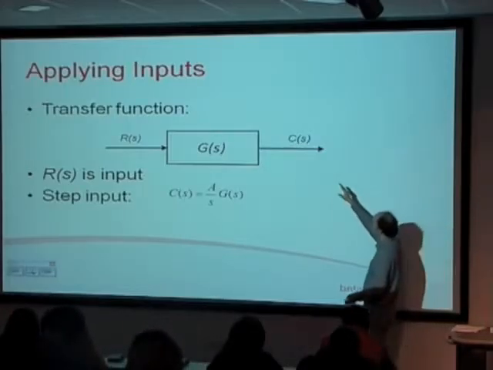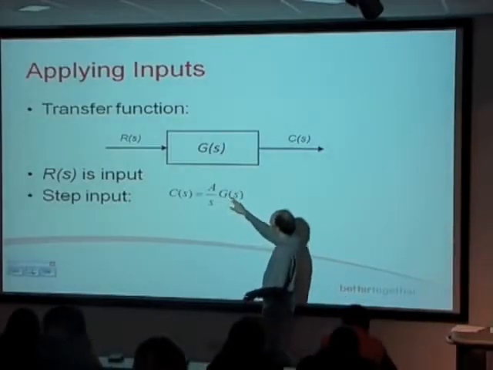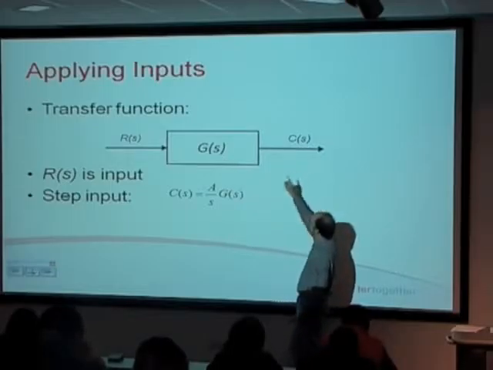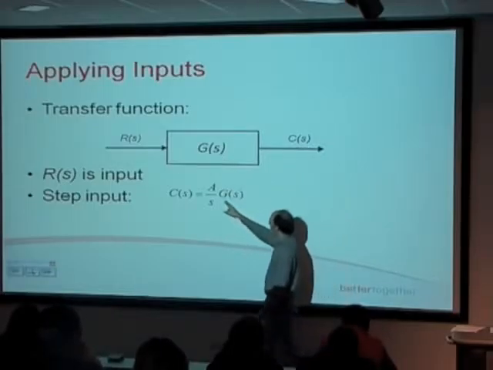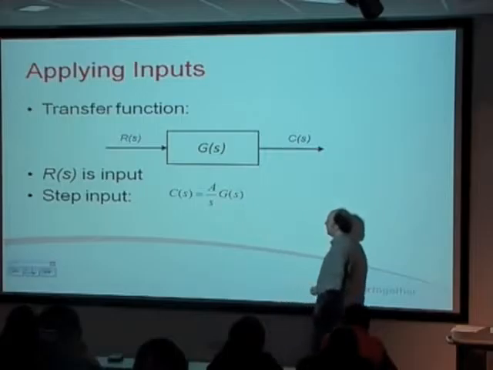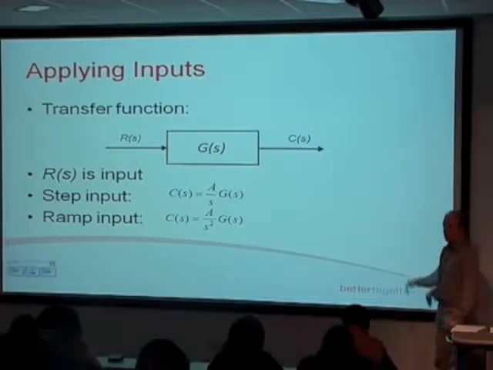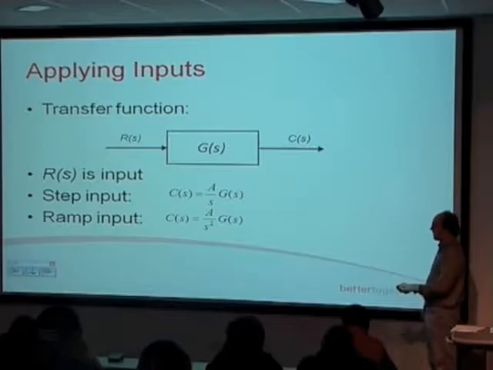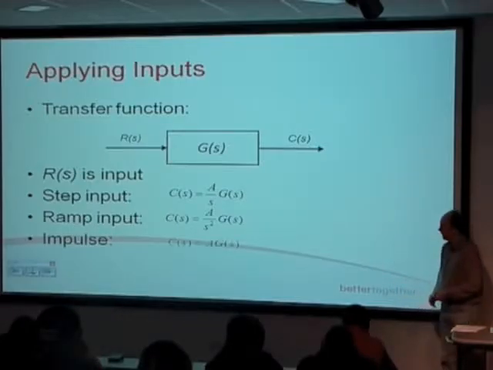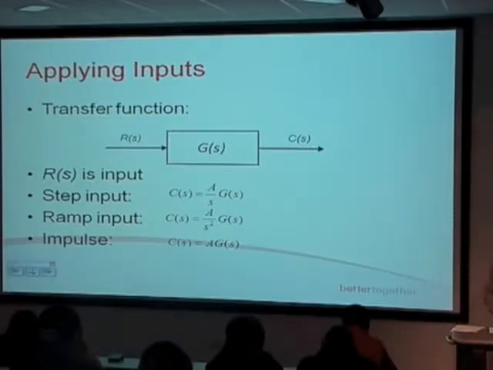Well, C of S is going to be A upon S times G of S, because we know that C is going to be R times G. Well, if R is A upon S, then we get A upon S times G, that's our step input. Our ramp input, C of S equals A upon S squared times G of S. Okay, this makes sense. And then, for an impulse, we're going to just have A times G of S.